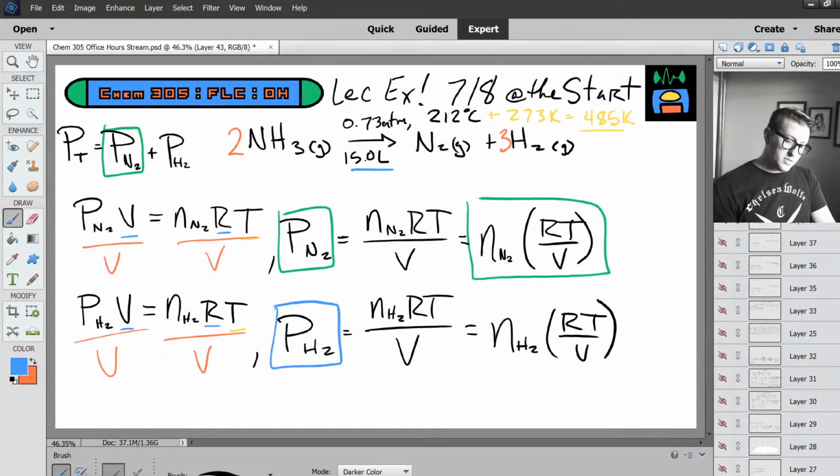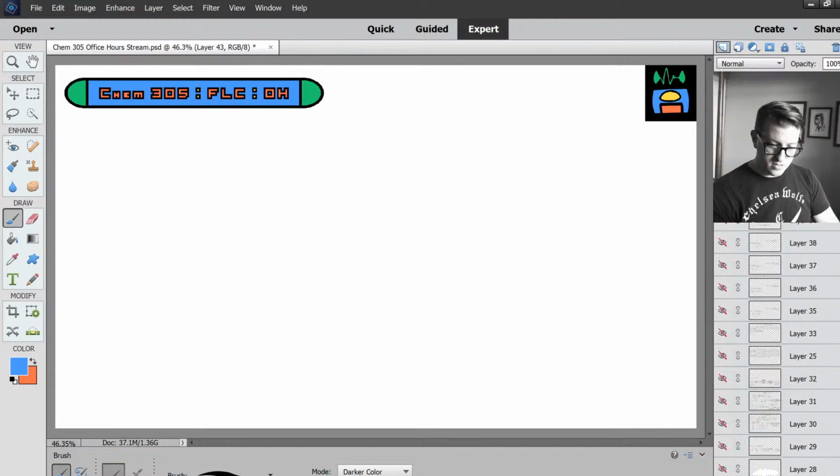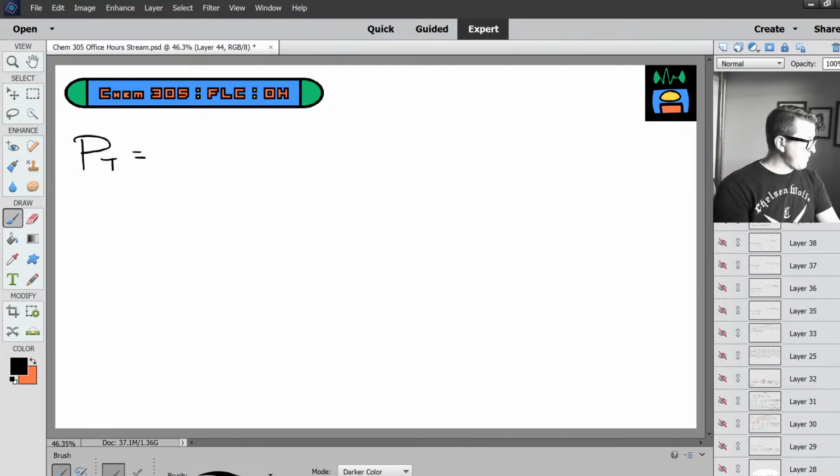We also have an expression, the pressure of H2 is equal to this, and we are going to substitute it in here. All right? So, we need to go to a new slide. When we do that, we go from having an expression, total pressure is equal to the pressure of N2 plus the pressure of H2.